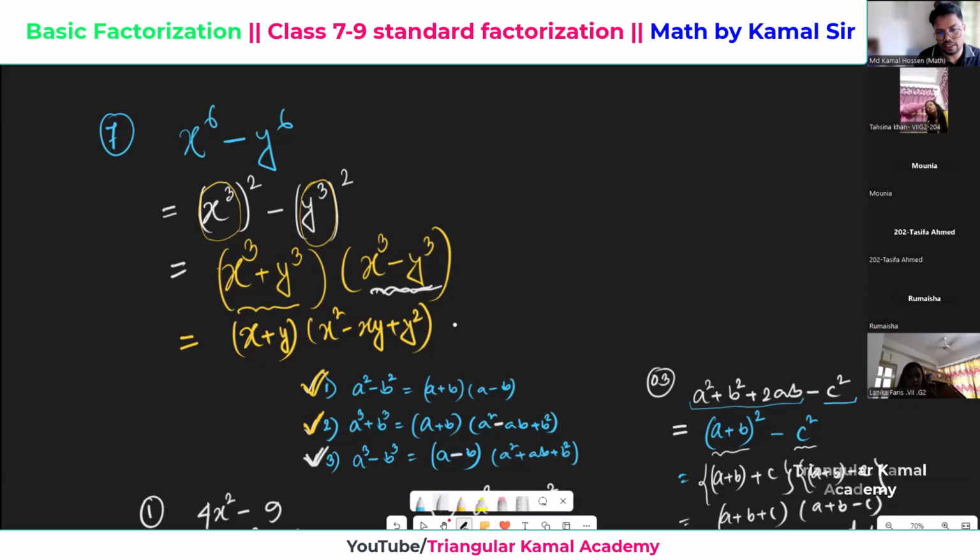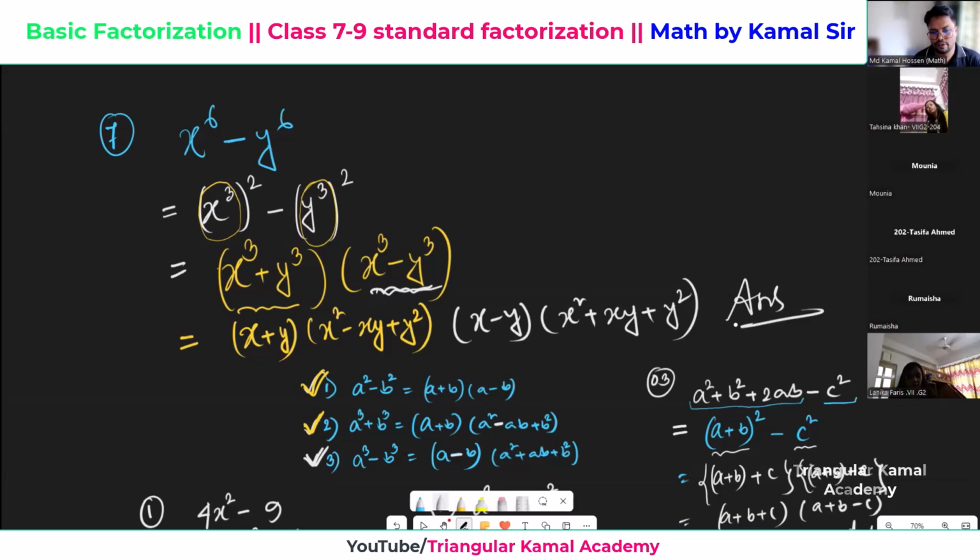Formula number 3: x minus y, x square plus xy plus y square. So there are total 4 factors. This is answer. We have applied 3 formulas here in 1 math including all formulas. Please write down properly.